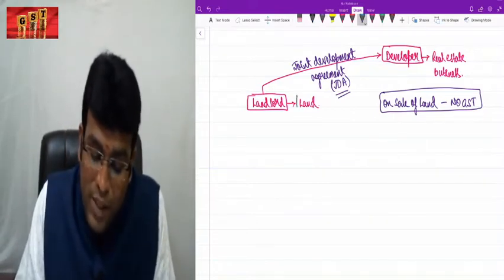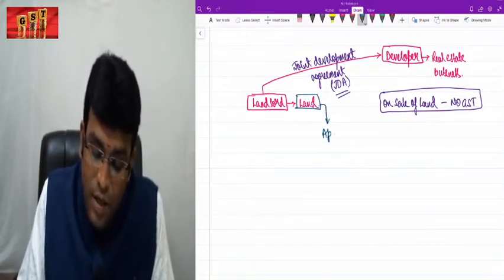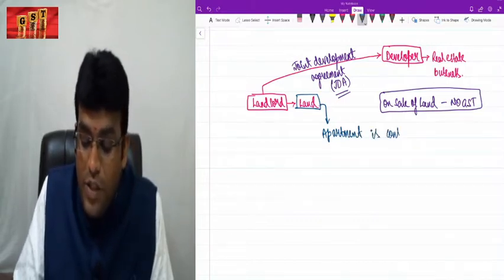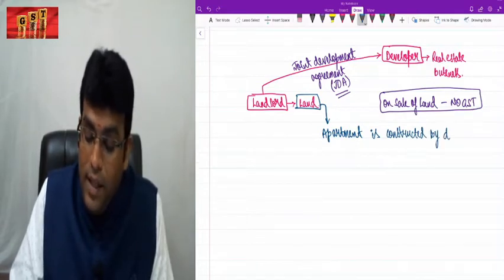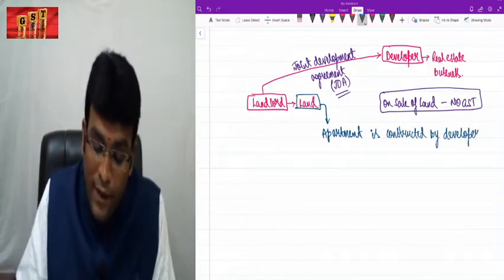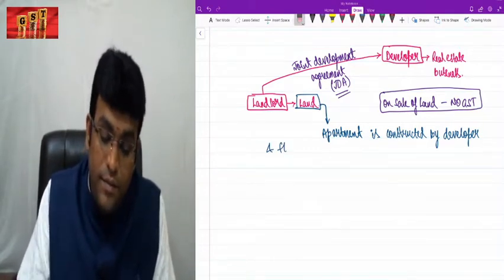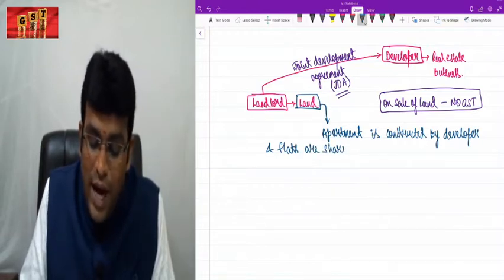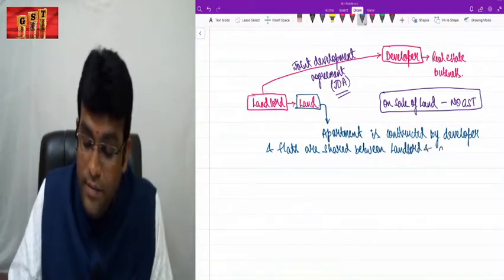Joint development agreement means, for example, on this land one apartment is constructed by the developer and the flats are shared between landlord and developer.